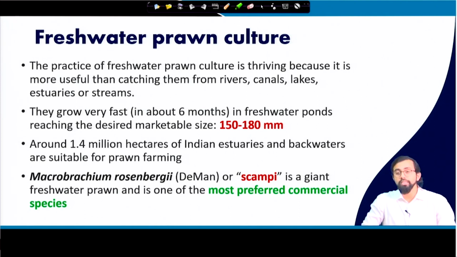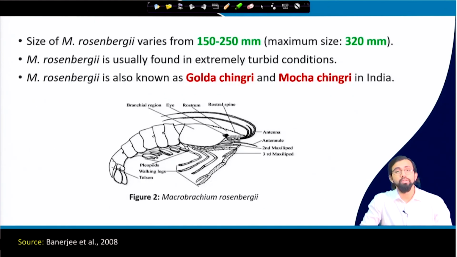It just needs to be popularized right now, to have more farms in future in India, to provide ample shrimp to all the markets available in India. Not only in India, but it can also start exporting outside India, because there is a huge market outside India, especially in the Europe region.